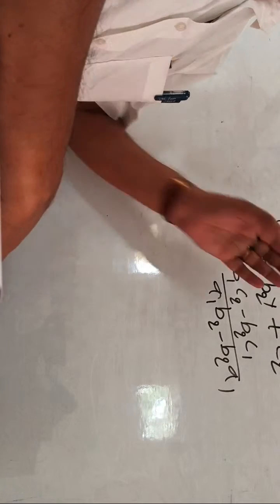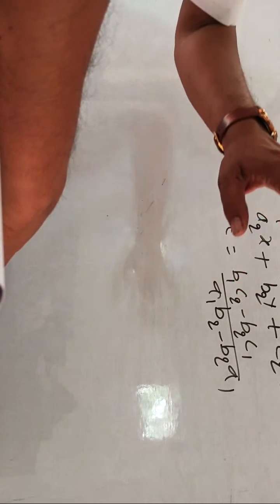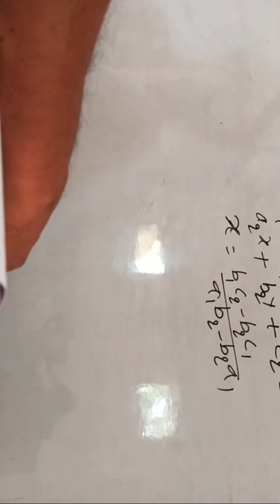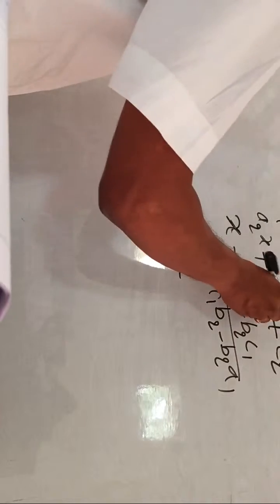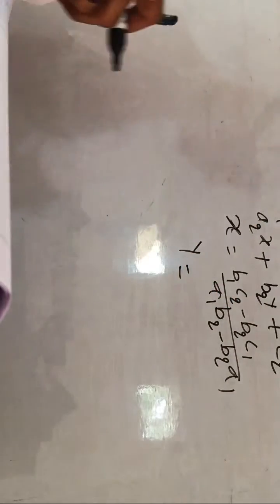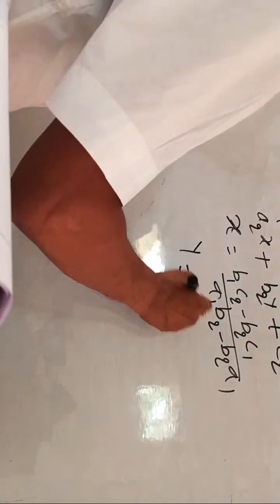Similarly, we can find the value of y. The numerator is, you remove y, c1 into a2 minus c2 into a1.